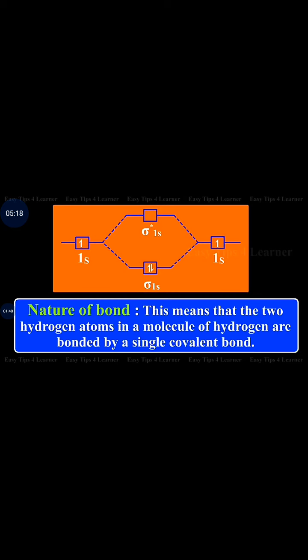The formula of bond order is Nb minus Na upon 2. Bonding electrons are 2, while antibonding electrons are 0, divided by 2 is equal to 1. What does it indicate? It indicates that during the formation of the H2 molecule, it has only one single covalent bond between two hydrogen atoms.